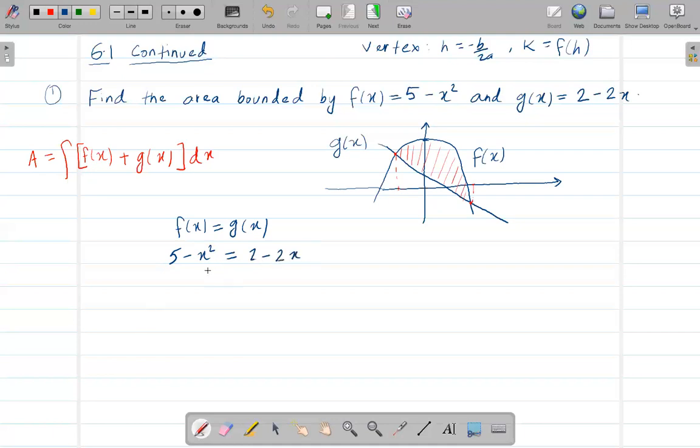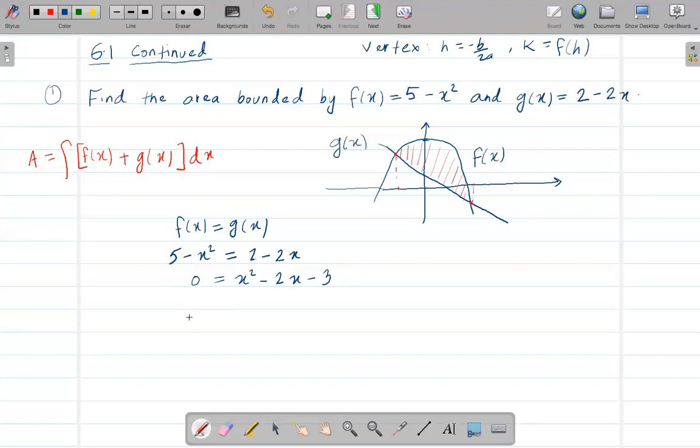All right, so now let's just move this to the other side. So 0 is equal to positive x squared minus 2x plus 2 minus 5. When I move this to the other side, it will be minus 5. It will be minus 3, right?